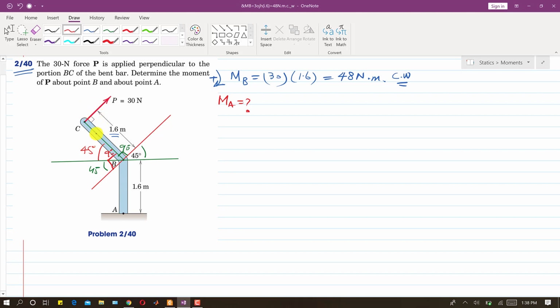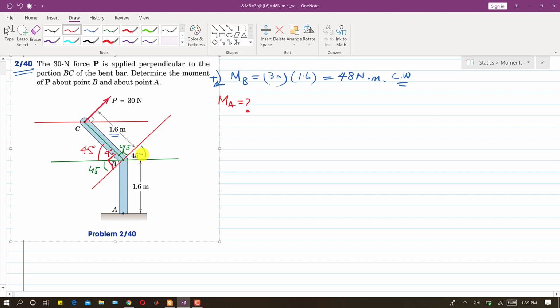So now we will be able to find the moment arms of the rectangular components of this P, right? So if I resolve this force into its components, let me draw a horizontal line here as well. Now here we can see that this force P is perpendicular to this BC line, and this horizontal line is perpendicular to this AB arm, right?